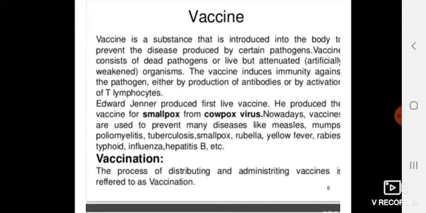That is active. Passive is transmitting antibody, mainly immunoglobulin A, from an immunized person to a non-immunized person. An example is mother to child. Next, a vaccine is introduced into the body to prevent the disease produced by certain pathogens.